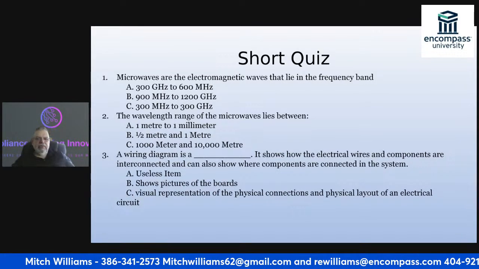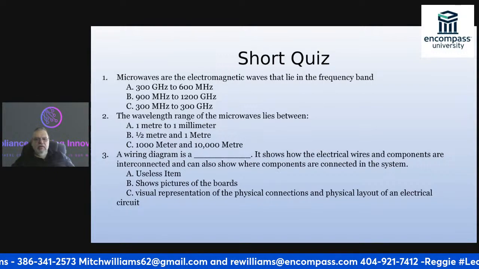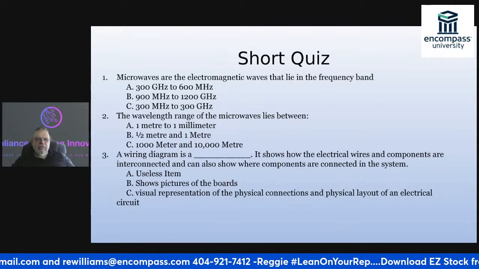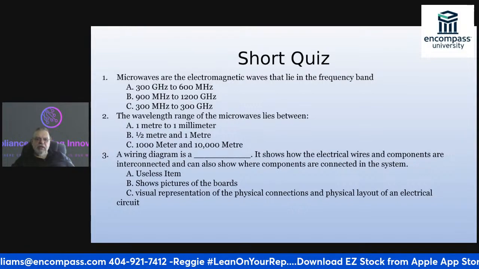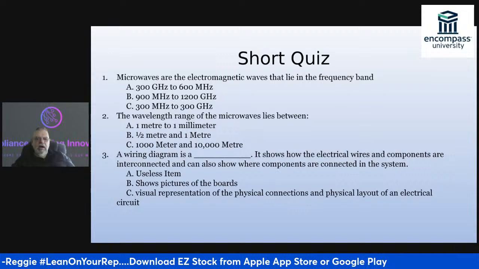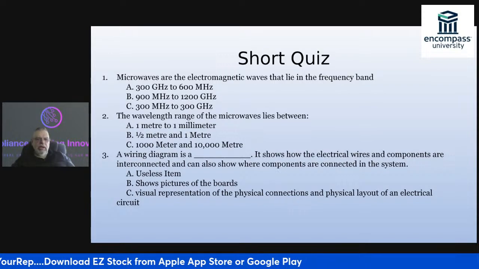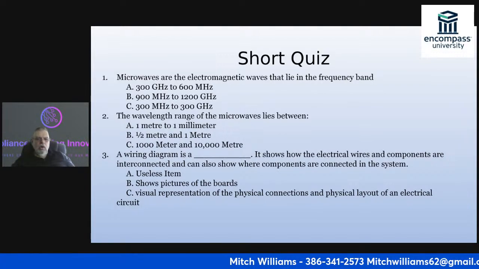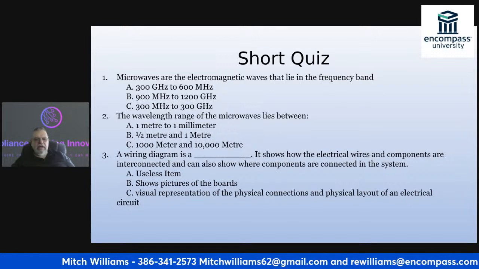Okay. I have to go back to the other thing so I can actually read that because my eyes are getting old and I can't see well. Okay. The wavelength range of the microwave lies between 1 meter and 1 millimeter, 1 meter and 1 meter, 1,000 meters, and 10,000 meters.